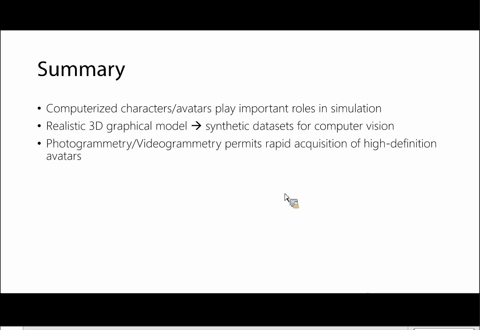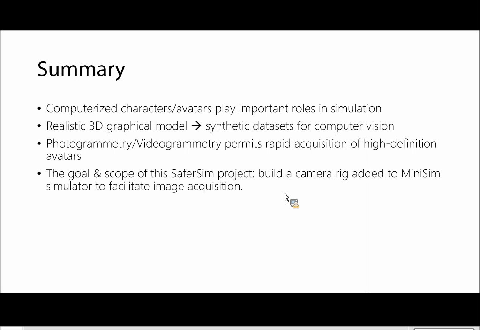The technique called photogrammetry or videogrammetry permits rapid acquisition of higher definition avatars through the reconstruction of 3D information from multi-perspective images. The goal and scope of this SaferSim project was to build that camera system, the hardware setup that can be added onto the MiniSim simulator to facilitate the image acquisition process for us.